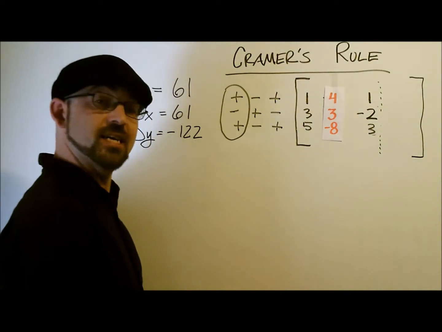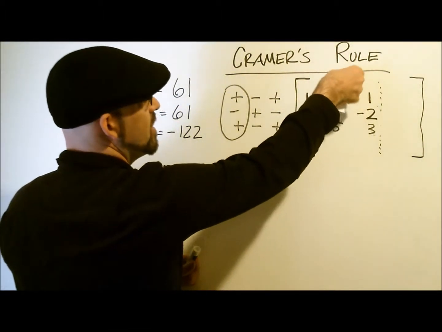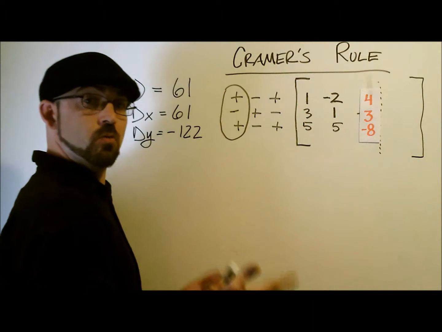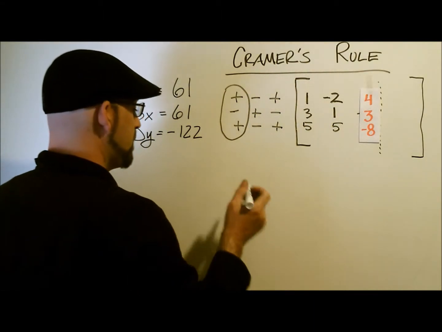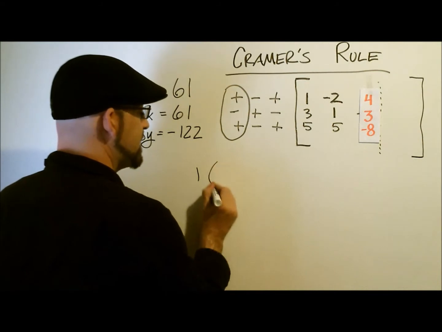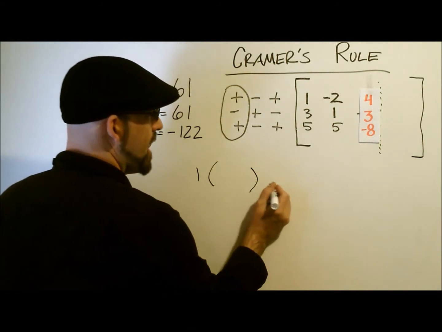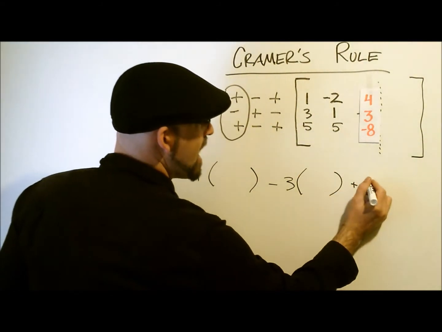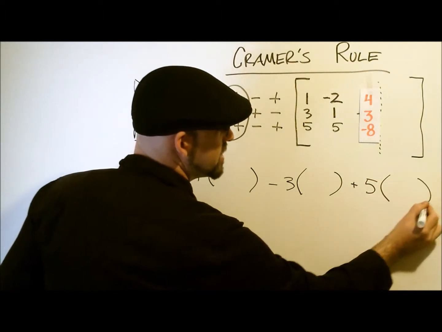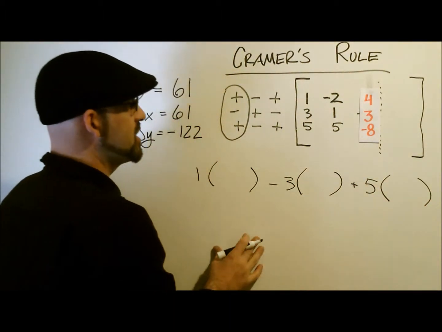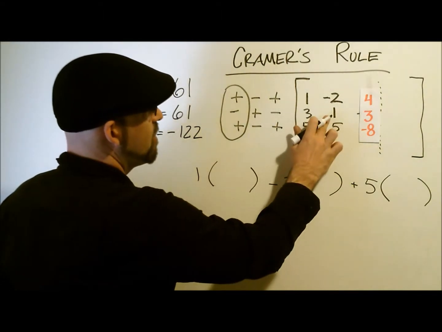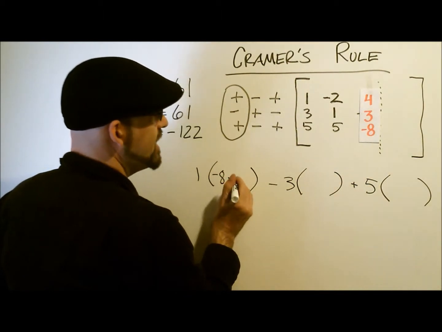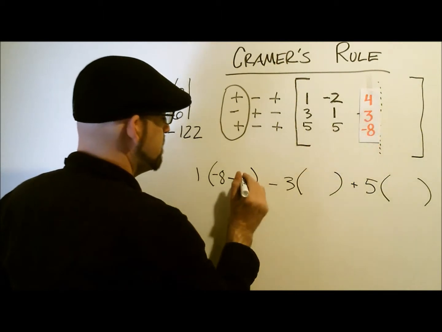To find our determinant for z, we take our answers once again and move them over the z column. So we'll start off the same exact form. Start off with our positive 1 times its minor determinant minus 3 times its minor determinant plus 5 times its minor determinant. Let's find these minor determinants. For the first one, we have 1 times a negative 8 minus 5 times 3.